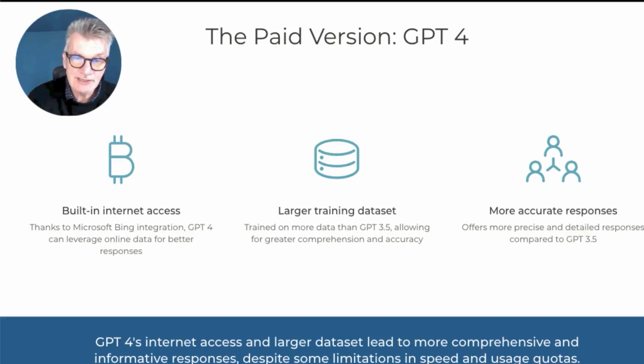Furthermore, ChatGPT-4 is trained on a larger dataset than ChatGPT 3.5, which contributes then to its greater intelligence. You'll notice the difference as soon as you start using the tool, as it's likely to offer a more accurate, a more comprehensive and detailed response using ChatGPT-4.